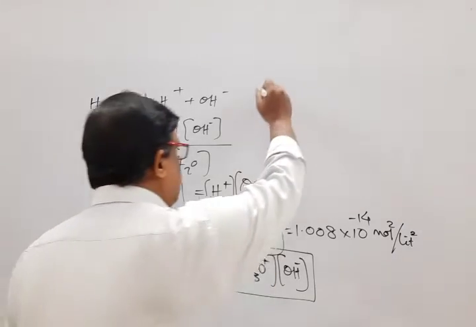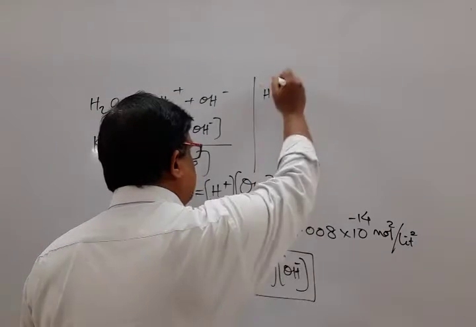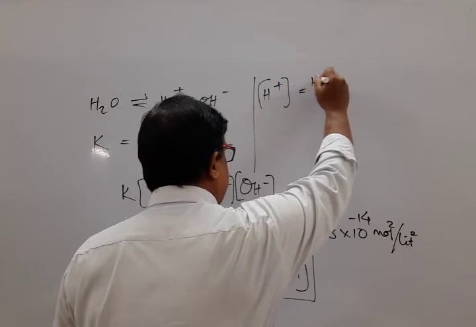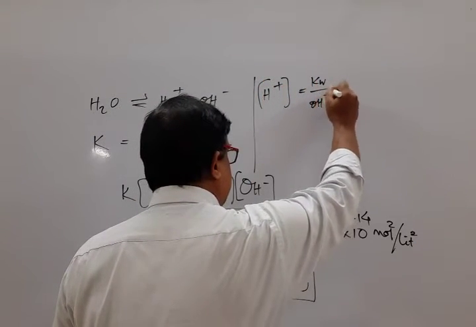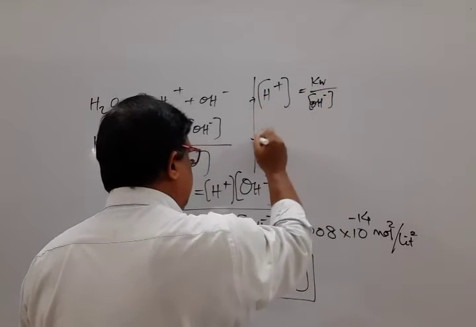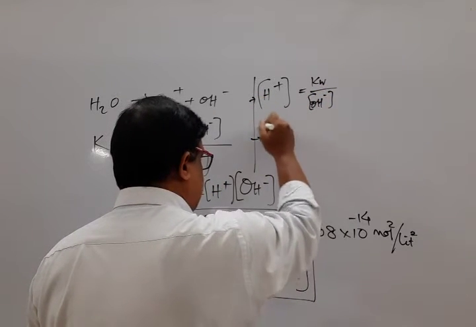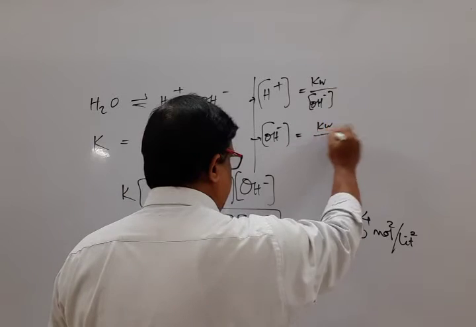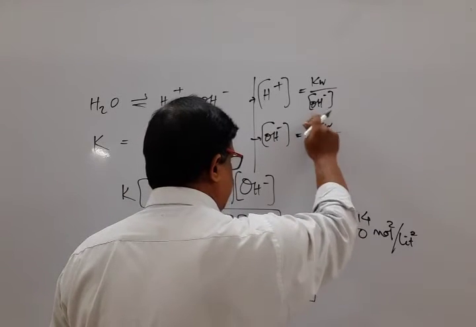Mark that. How do we calculate? H plus ion concentration is equal to Kw by OH minus ion concentration. Similarly, OH minus ion concentration is equal to Kw by H plus ion concentration.